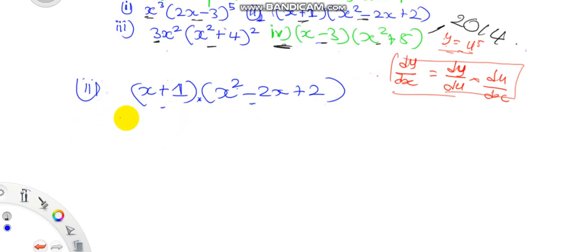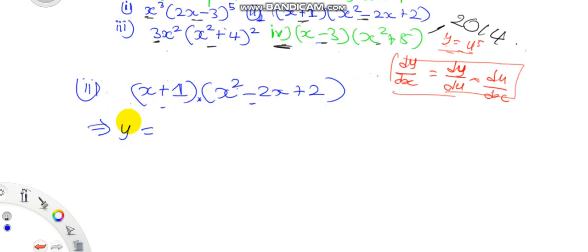First of all, we can assume y is equal to this. Although it's not stated, we know this function is going to represent the behavior of some independent variable.